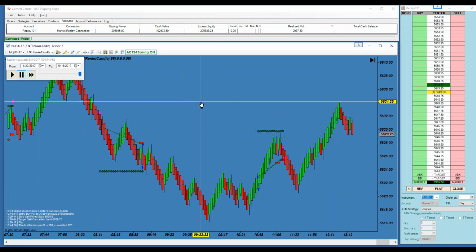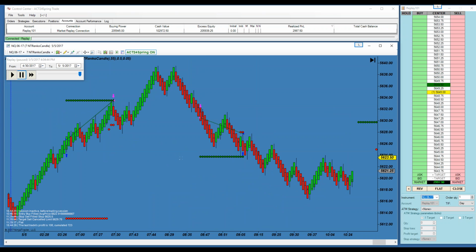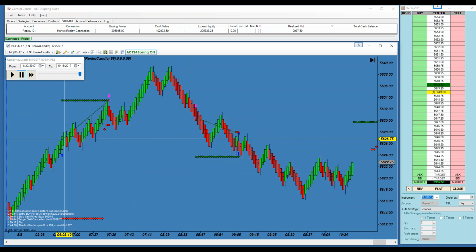Okay, a couple of things I want to point out. The difference between replay and actual live trading, because we traded this week. In live trading on Friday, this is what we got.